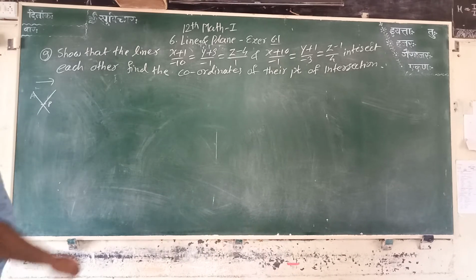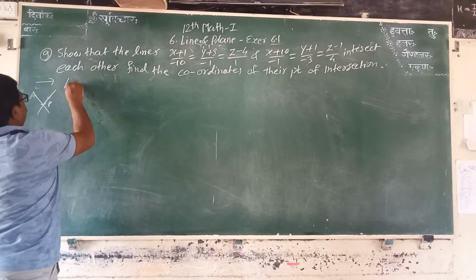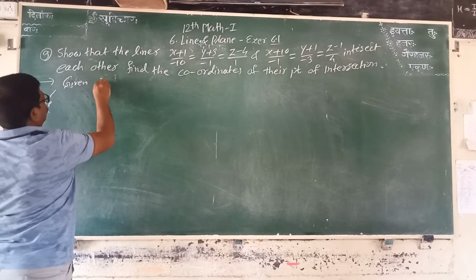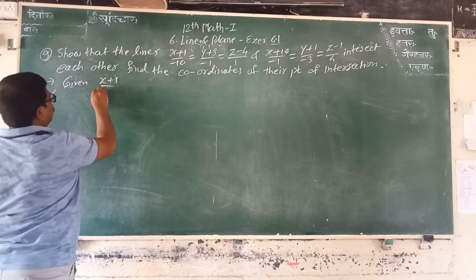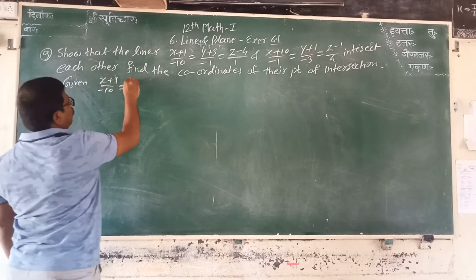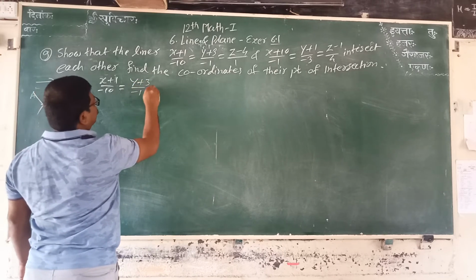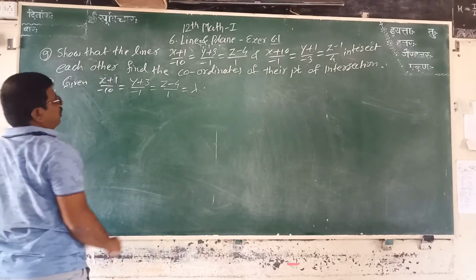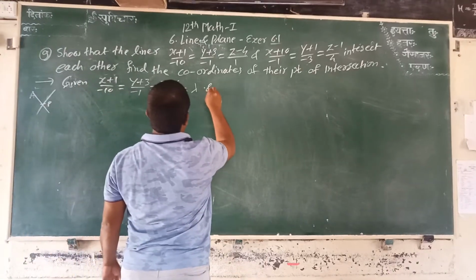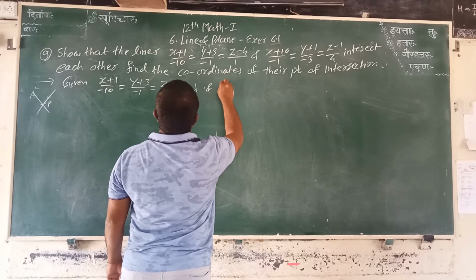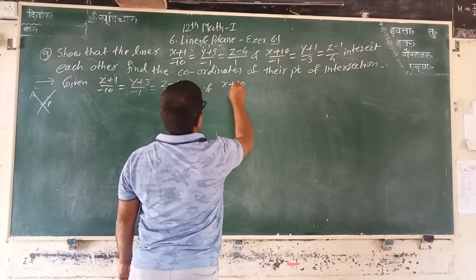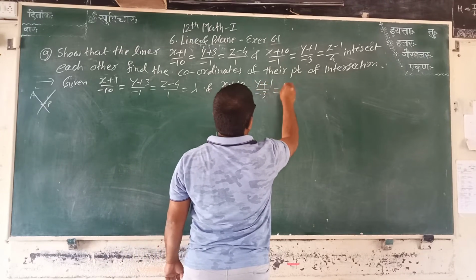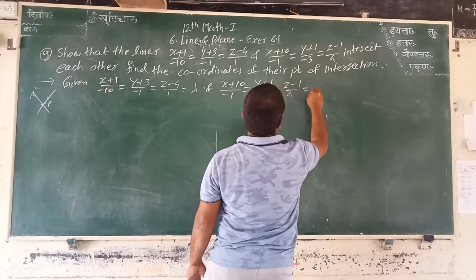Therefore, we take the given lines: (x plus 1) upon minus 10 is equal to (y plus 3) upon minus 1 is equal to (z minus 4) upon 1 is equal to lambda, and (x plus 10) upon minus 1 is equal to (y plus 1) upon minus 3 is equal to (z minus 1) upon 4 is equal to mu.